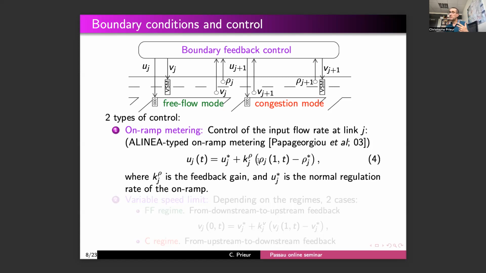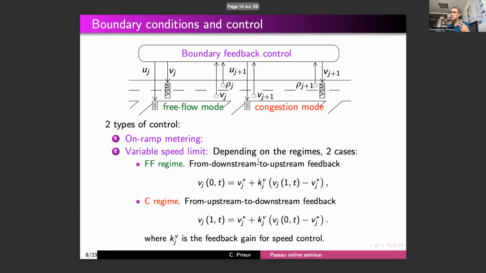And the second type of control depends on whether you are in free mode or in congestion mode. So if you are in free mode, remember there is a double F. It's a typo. It should be one single F. Sorry, it should be free there. If you are in a free regime, it just means that you have two velocities that are positive.